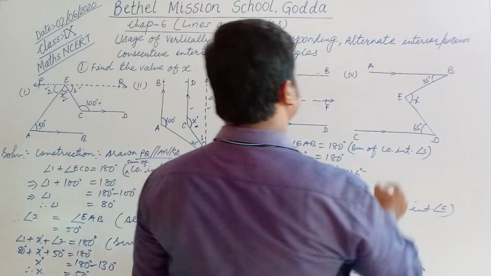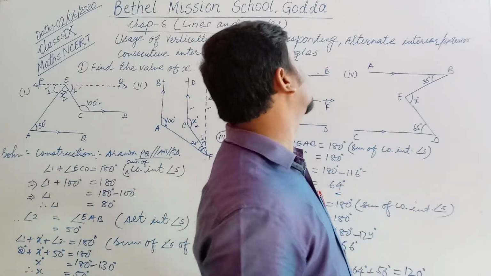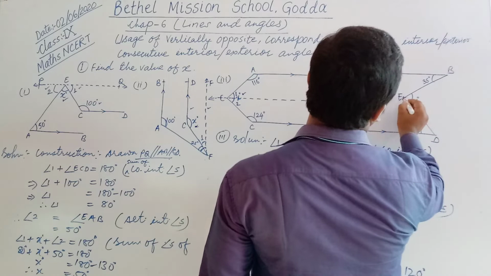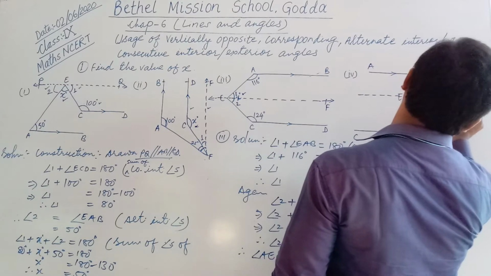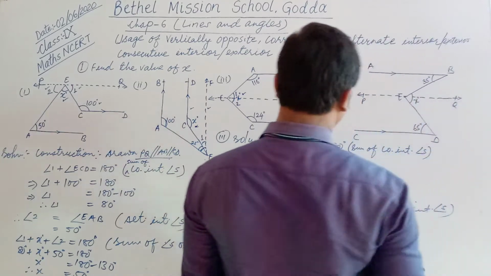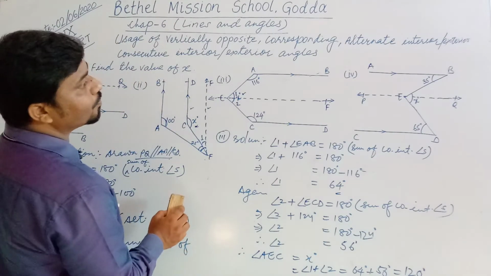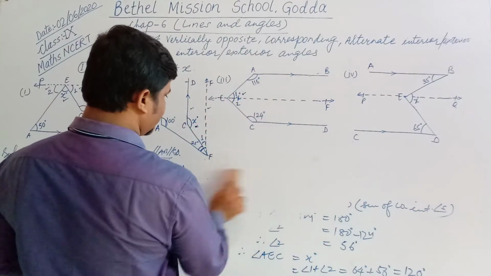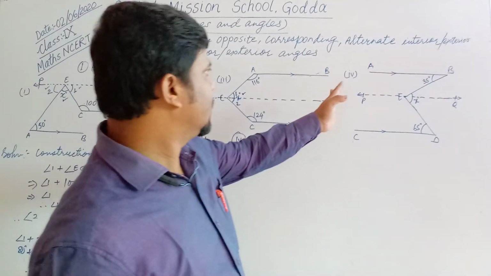Okay. Number 4 also will be solved, and there also we will draw another line, which will be parallel to AB and CD, and it will pass through the point E. P, Q. See the question number 4.